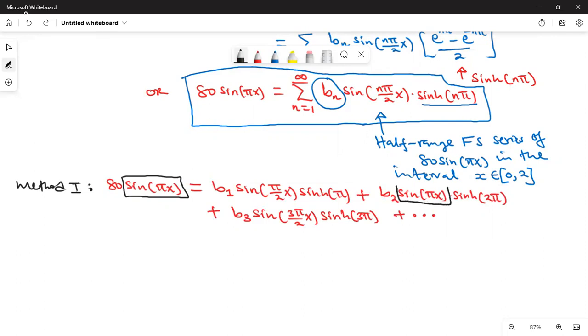So what is the coefficient on the right-hand side? It is b2 times hyperbolic sine of 2 pi. The rest are zeros except at b2.